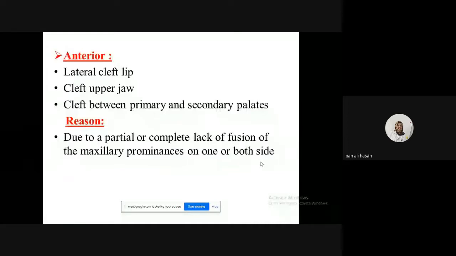You need to know about the prominences that form each part, I mean the jaws and parts of the face and mouth. Any lack of fusion of the maxillary prominence on each side or on one side can lead to a cleft in one of these parts.